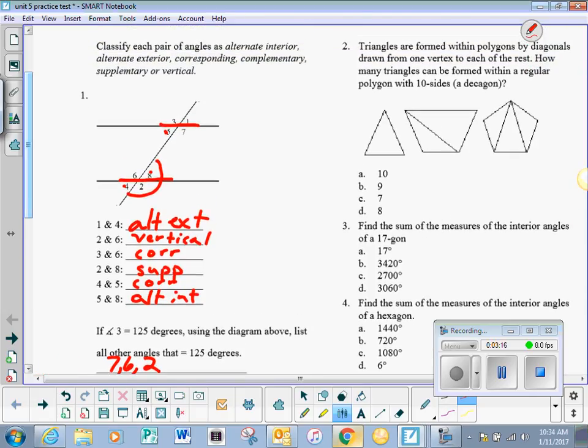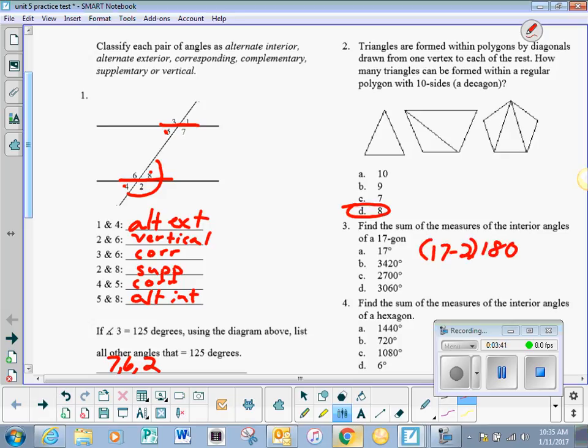Triangles are formed within polygons by diagonals drawn from one vertex to each of the rest. How many triangles can be formed within a decagon? 8, right? It's always 2 less than the number of sides. What is the sum of the measure of the interior angles of a 17-gon? Well, that's when you go 17 minus 2 times 180.